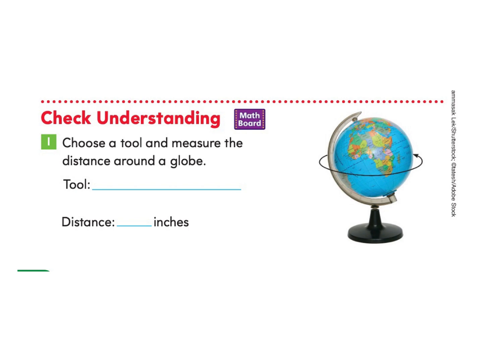Part 1 asks us to choose a tool and measure the distance around a globe. You may want to pause and try this part on your own and come back and check your answers. Your answers may be a little bit different from mine because we don't have the same globe. So first here we have our globe, and we notice that it is not flat and it is not small.